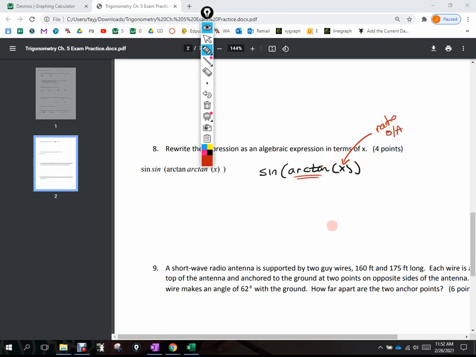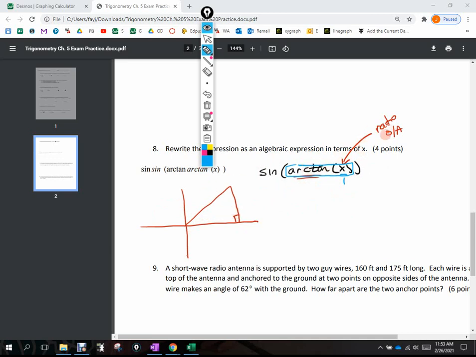Okay? So when I draw a picture here, remember, if the input's a ratio, the output is an angle, correct? So the angle is what is going to take this place after I place x and 1 in the correct spots. Because it's tangent, that's opposite over adjacent.